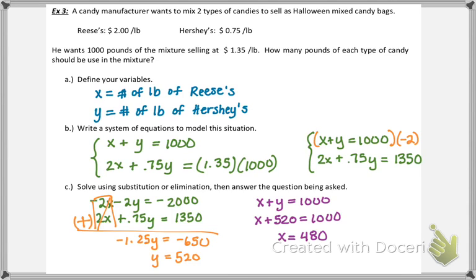So he needs to mix in 480 pounds of Reese's and 520 pounds of Hershey's in order to satisfy this condition. And then he will be able to sell it for $1.35 per pound, and he would make the same money as if he would sell them separately.